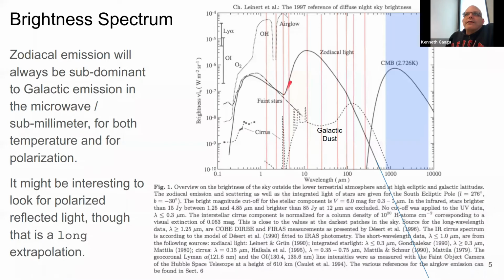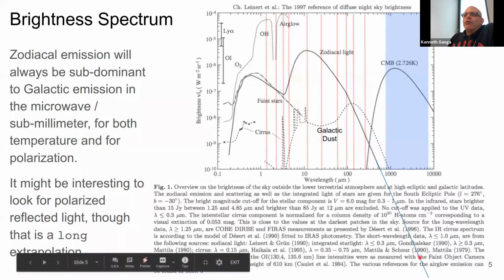And what that means, if this is the spectrum, if the peak is at about 20 microns, and then you start to see the tail in emission, we are talking about a really long extrapolation here. We're talking about detecting stuff way below the CMB, way below the galactic dust.